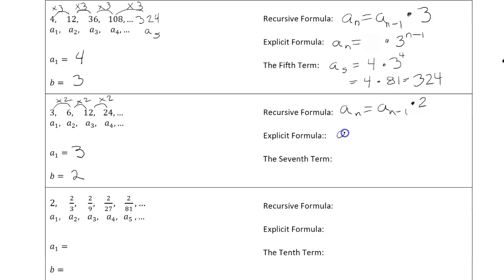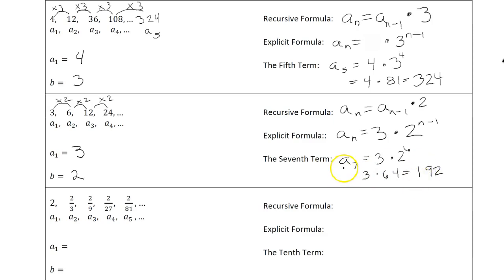To write the explicit formula, write a sub n equals 3 times 2 to the n minus 1. Thus, to find the seventh term, we would write a sub 7 equals 3 times 2 to the sixth, 1 less than 7. 3 times 64 equals 192.